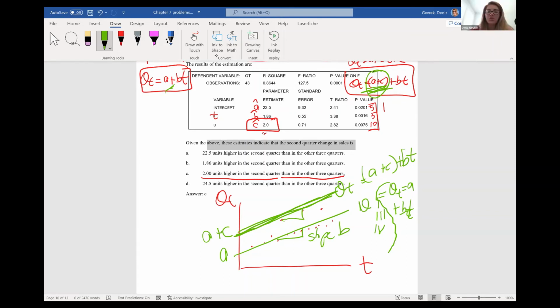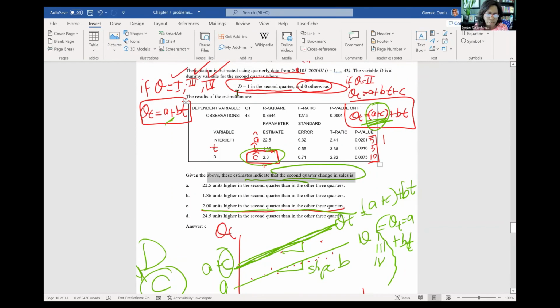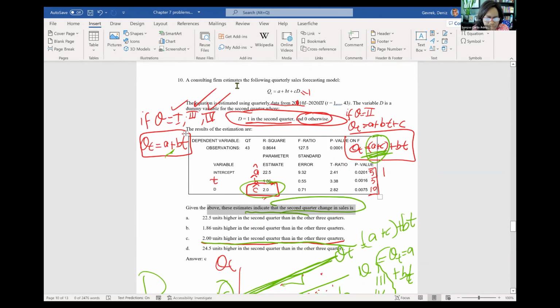So long story short, the second quarter change in sales is the difference. That's C, the coefficient of the dummy variable. So C is 2 units larger in the second quarter than in other quarters. Is it better? Yeah, that makes better sense.